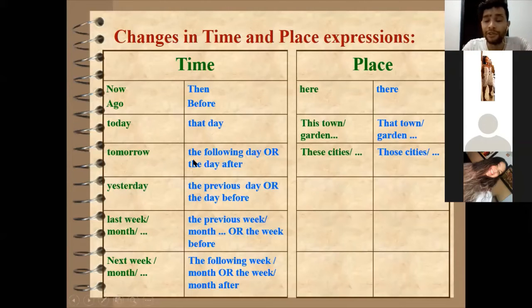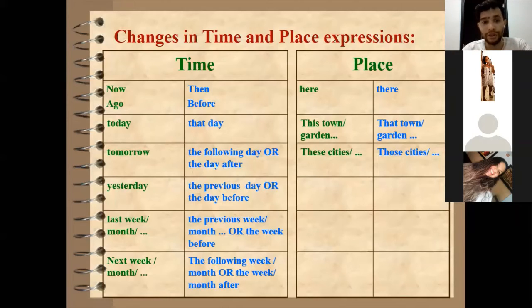Tomorrow becomes the following day or the day after. Like, I am going to visit my grandmother tomorrow. Johan said that he is going to visit, or that he was going to visit, right, his grandmother the following day or the day after.